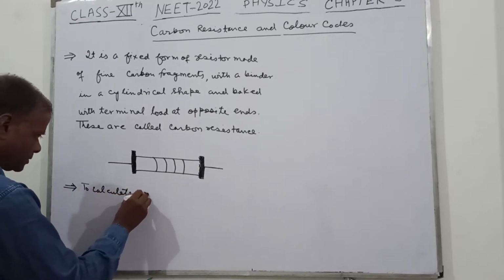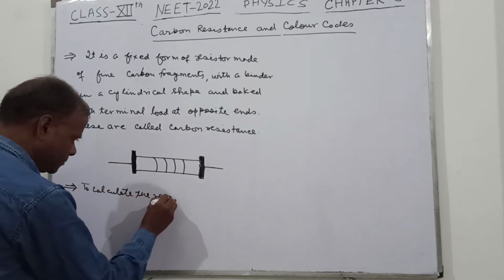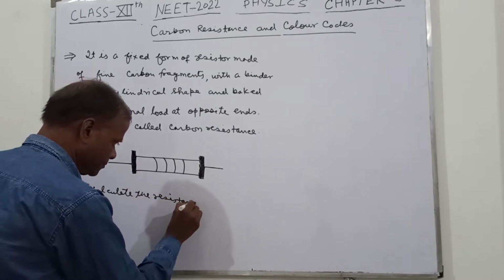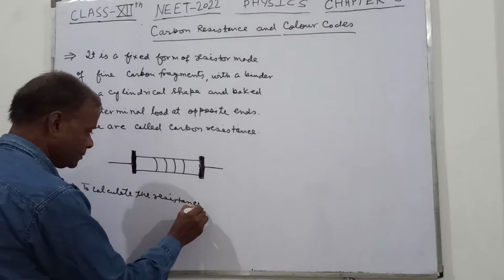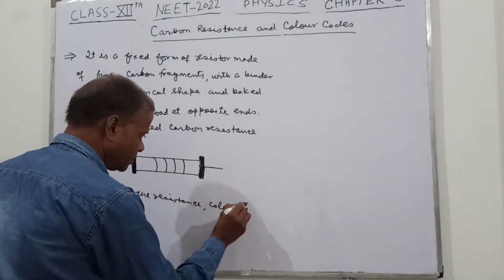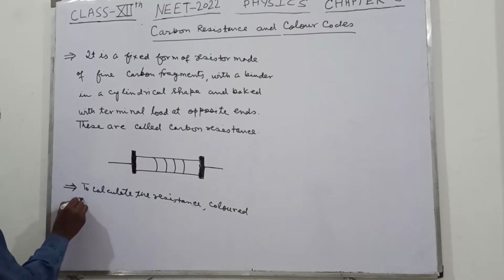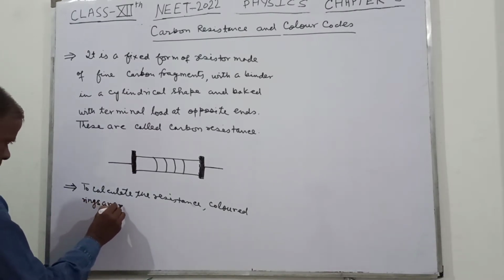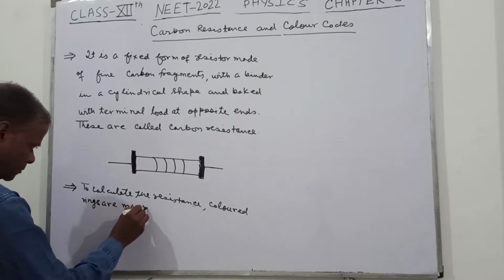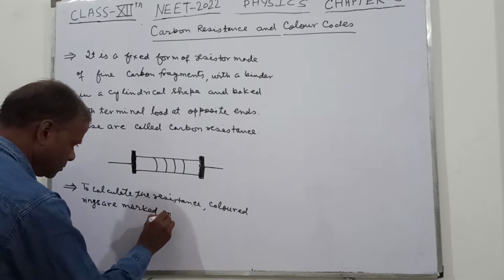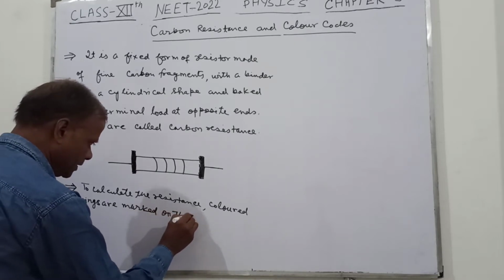To calculate the resistance, colored rings are marked on the cylinder.